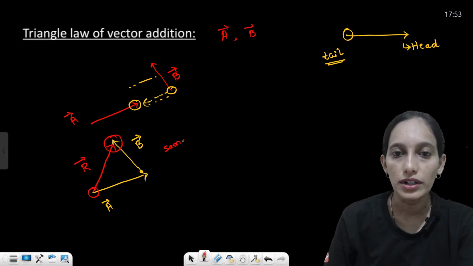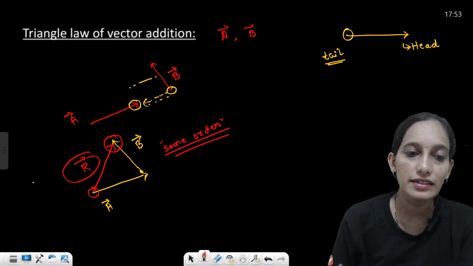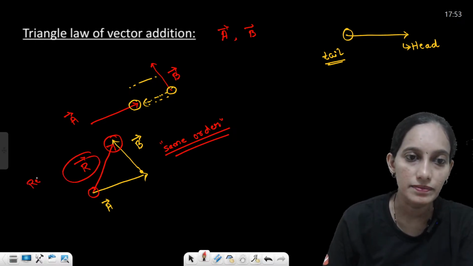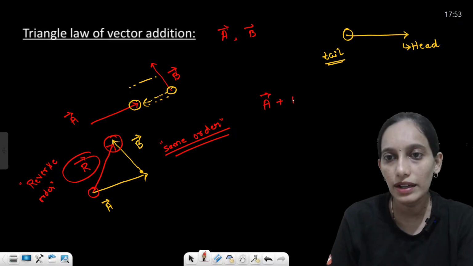That is important. The resultant will be in the reverse order. So A vector plus B vector will be equal to R vector.